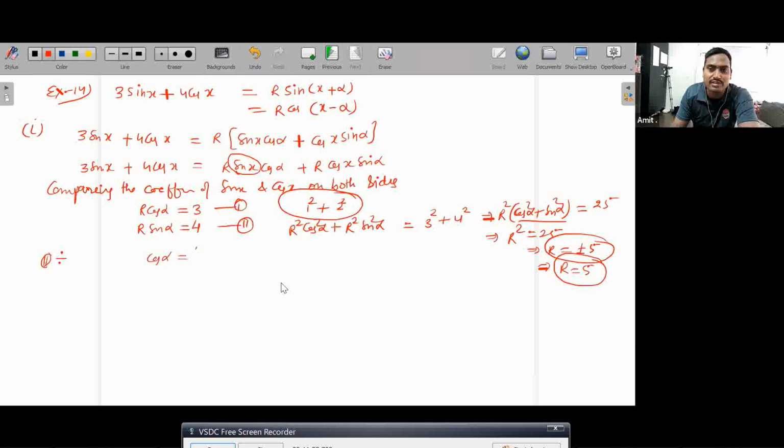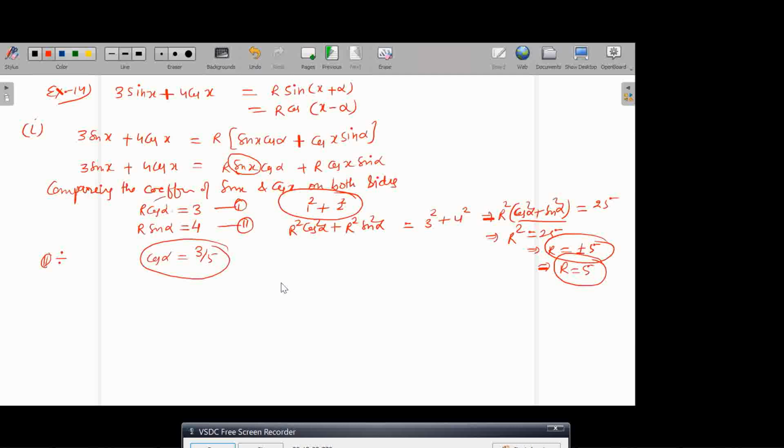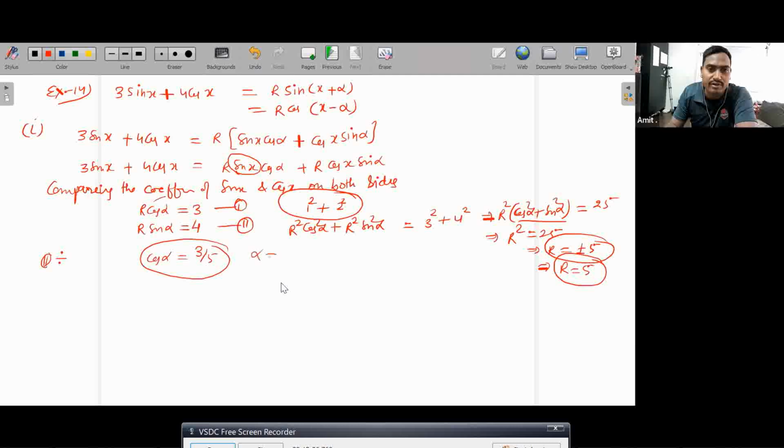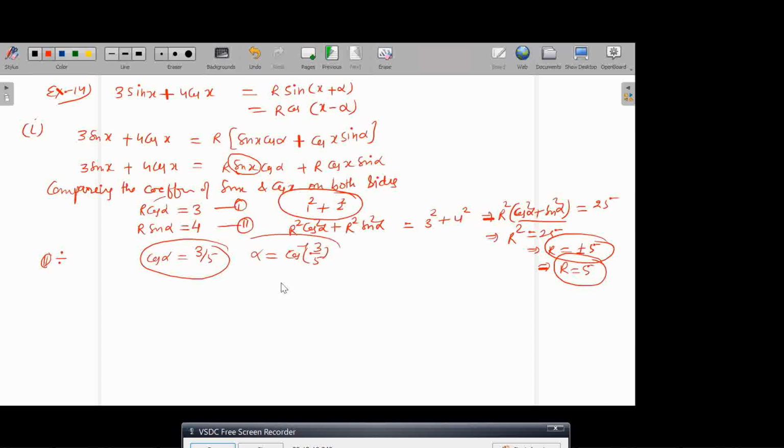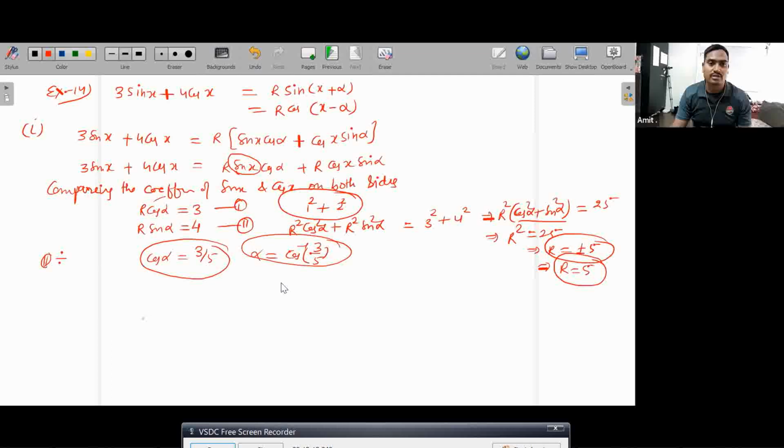Cos alpha is equal to 3 by 5. So you can also calculate alpha from here only. You need not divide it. If you have R, you can calculate alpha also.